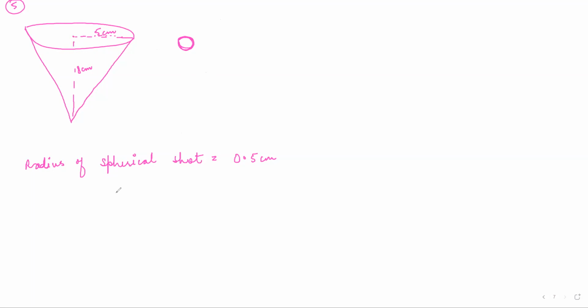So let us find out the volume of each, first of all, separately. Volume of cone or conical vessel, which is again 1/3 pi r square h. Clear? So this is equal to 1/3 into, I can leave the answer in pi, radius is 5 centimeter square and height is 8 centimeter.